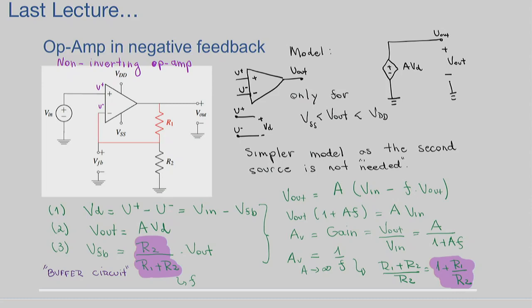But then the operational amplifier was amplifying too much, and we got a distorted signal, right? We had such an amplification that the output was going to the rails. And what are the rails?